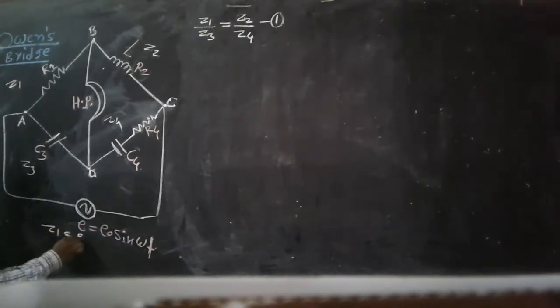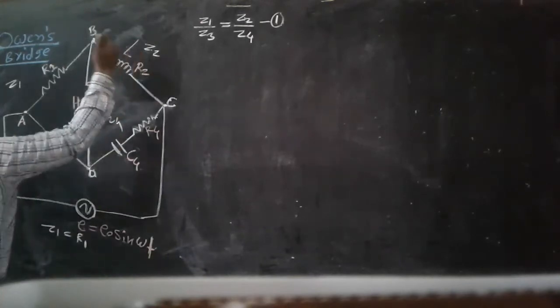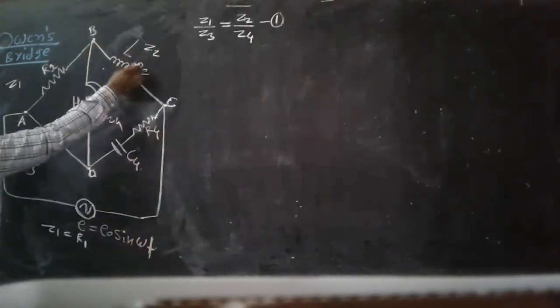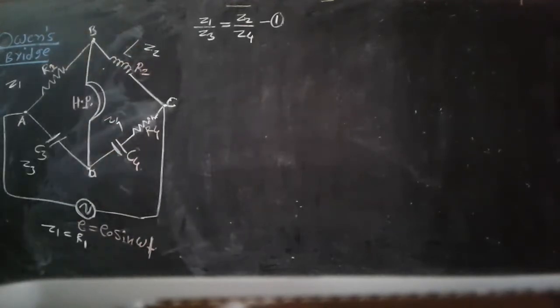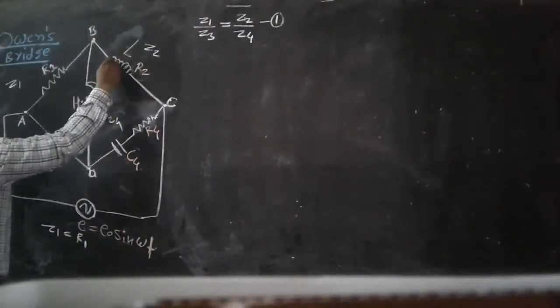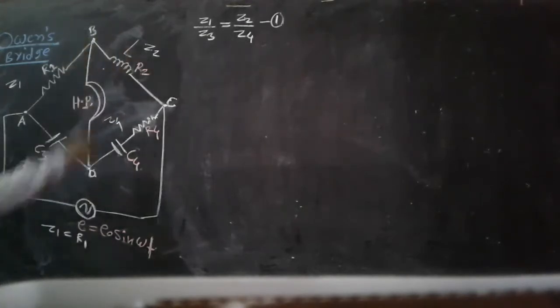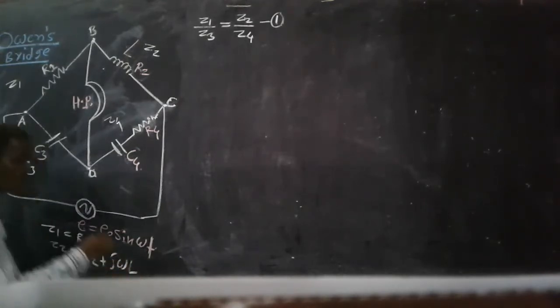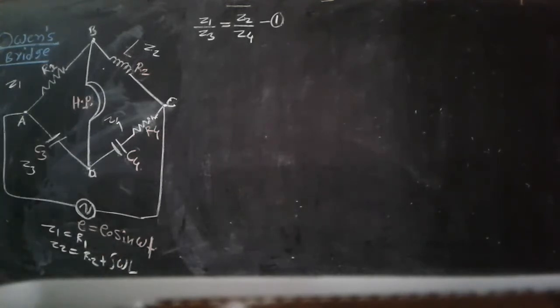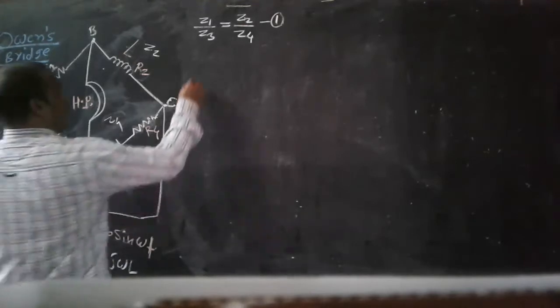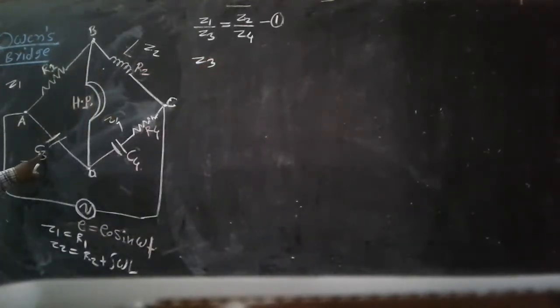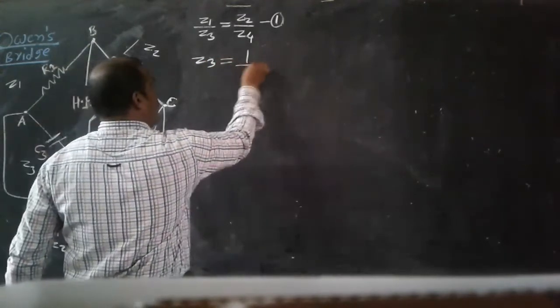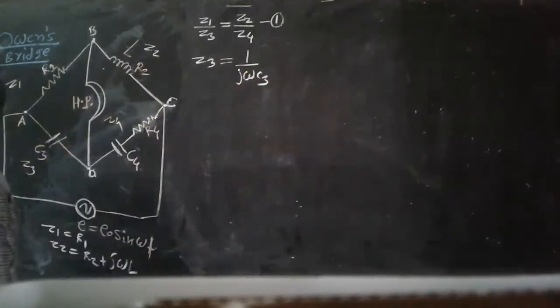Z2 is the total impedance, that is R2 plus the impedance of the coil L in complex form, j omega L. So we get Z2 equal to R2 plus j omega L. Now Z3, the impedance of the capacitor C3, is equal to 1 upon j omega C3.